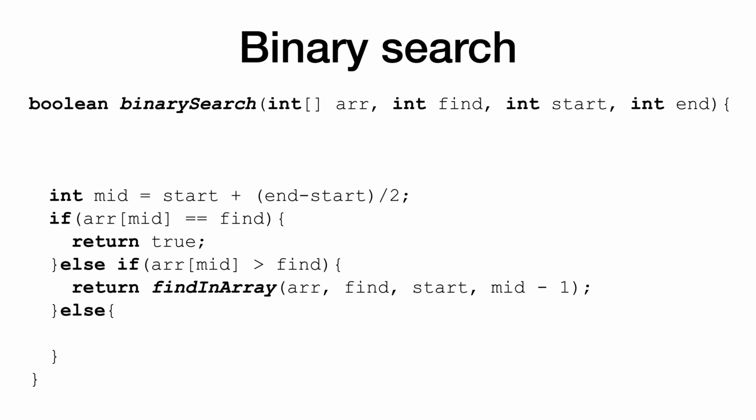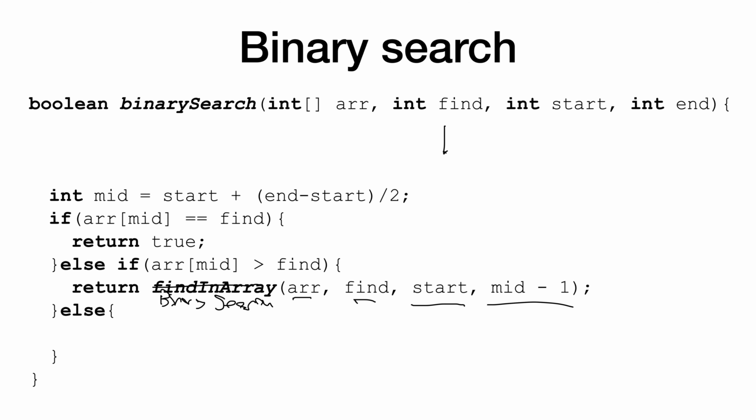So here, it shouldn't be find in array. It should be binary search. Again, the array stays the same, and the search value stays the same. And now, if our midpoint was bigger, that means our search value is smaller, which means it needs to be on the left side, which means the range starts at start and ends at mid minus 1.